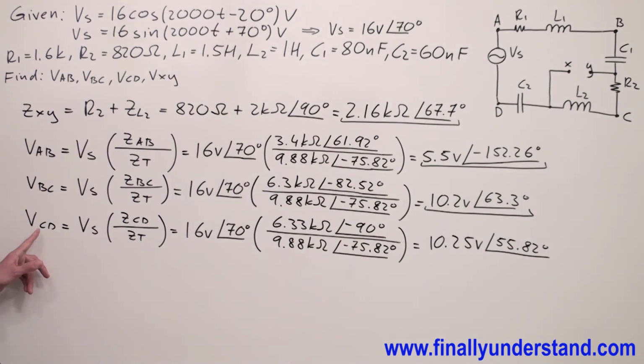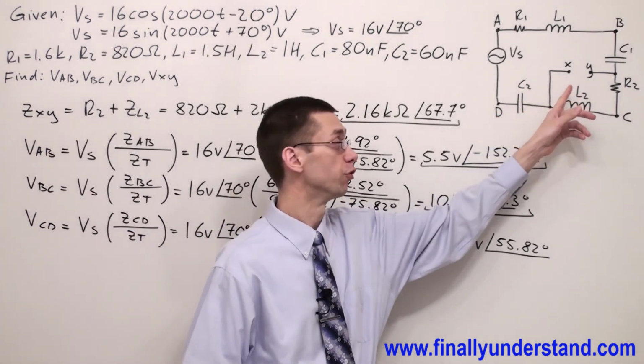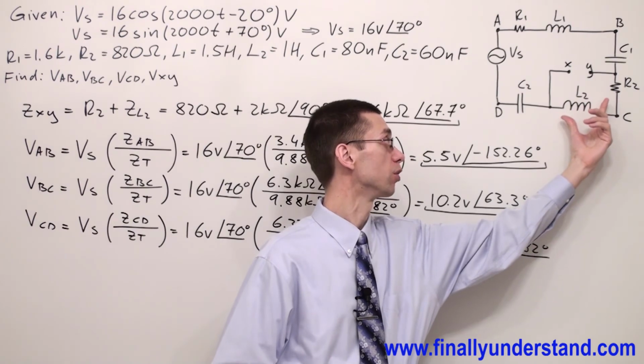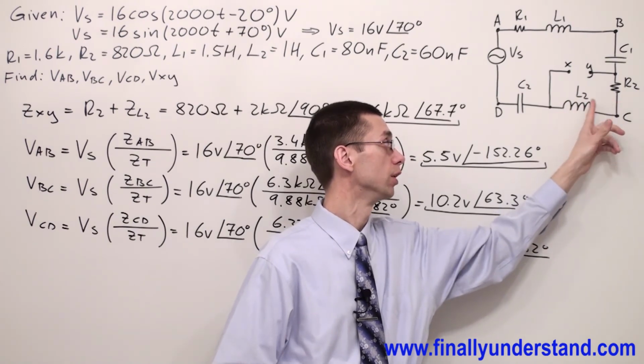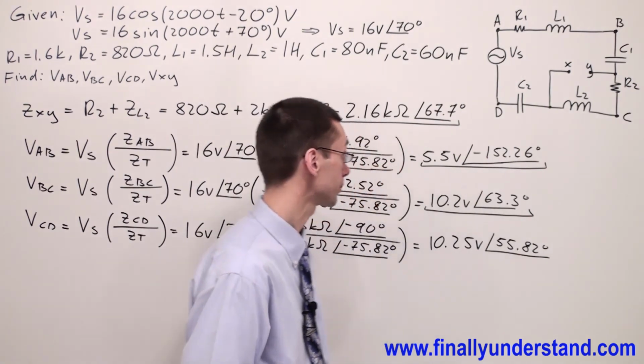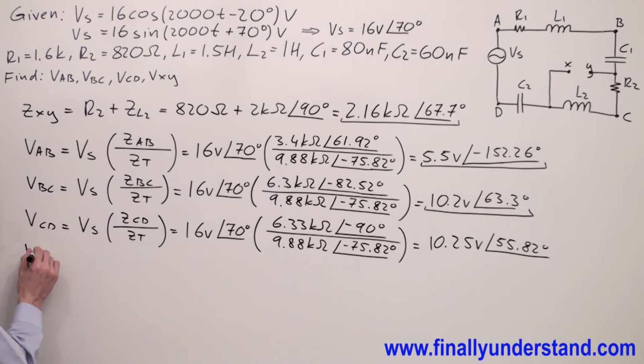Okay, so we found voltage CD. Next, we're supposed to find the voltage between these two points. Voltage across the impedance ZXY, which is combination of resistor R2 and impedance of inductor L2. So we're supposed to write the formula first, like always.